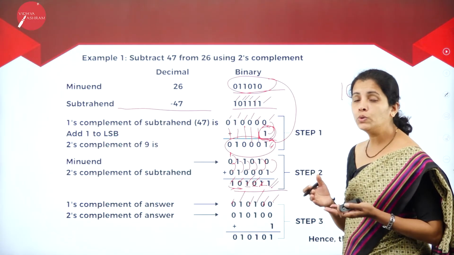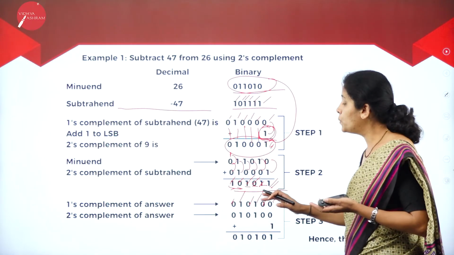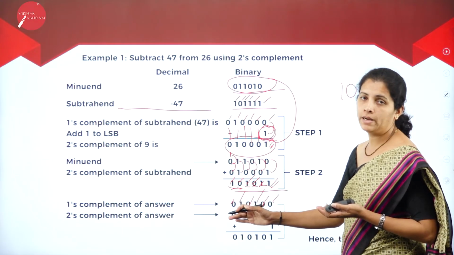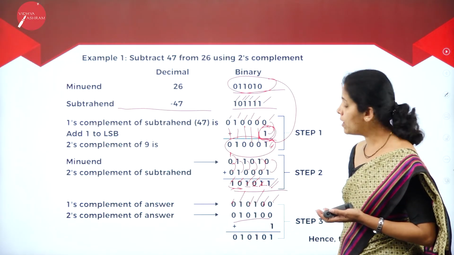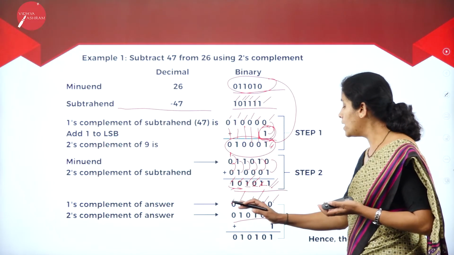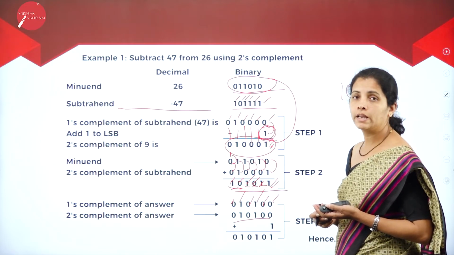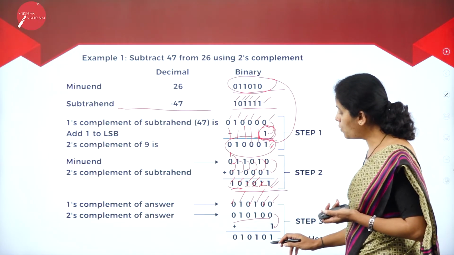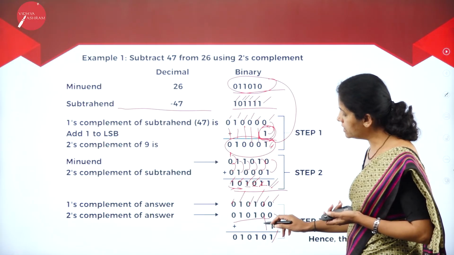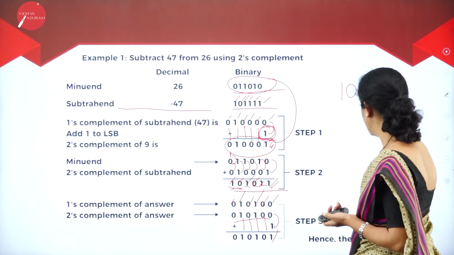Now, I'm going to add 1 to the LSB and perform binary addition. So, 1 plus 0 is 1. I'll write 0 as it is, 1 as it is, 0 as it is and 1 as it is.